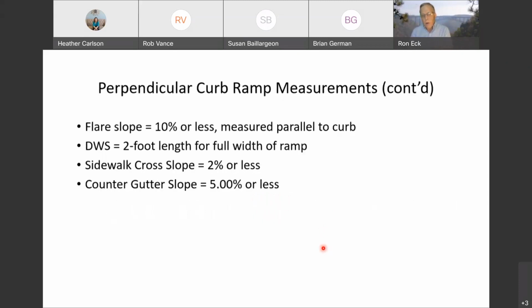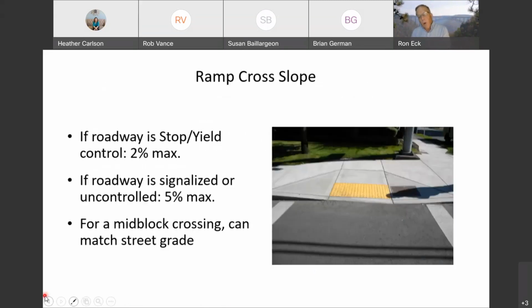As mentioned before, the flare slope should be 10% or less. There should be a 2-foot, in the direction of pedestrian travel, detectable warning surface or truncated domes, the full width of the ramp, wherever the curb is missing. The sidewalk cross slope, 2% or less. The counter gutter slope, 5% or less. And then ramp cross slope, which of course would be the slope at right angles to the direction of the ramp.